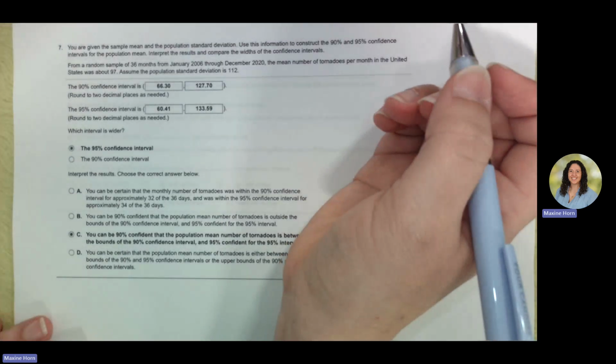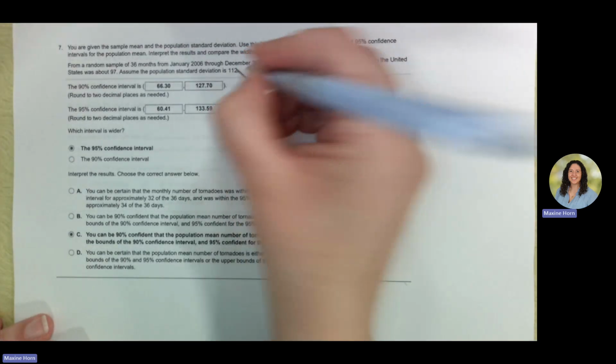All right, number 7, so very similar, you're given the sample mean and the population standard deviation, use it to construct the 90 and 95, interpret the results, compare the widths. Okay, so let's go through, let's label everything we've got. So a random sample of 36 months, okay.